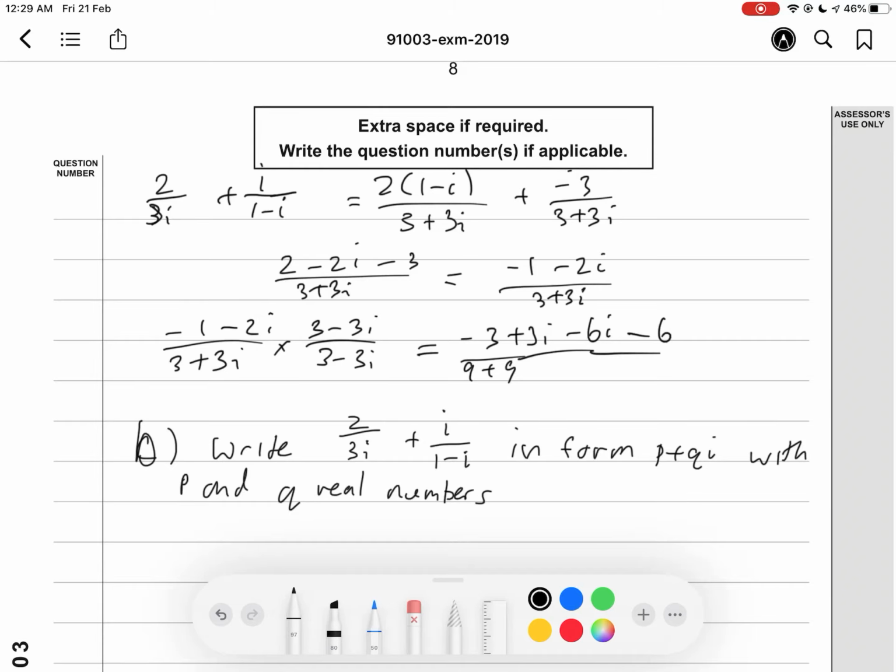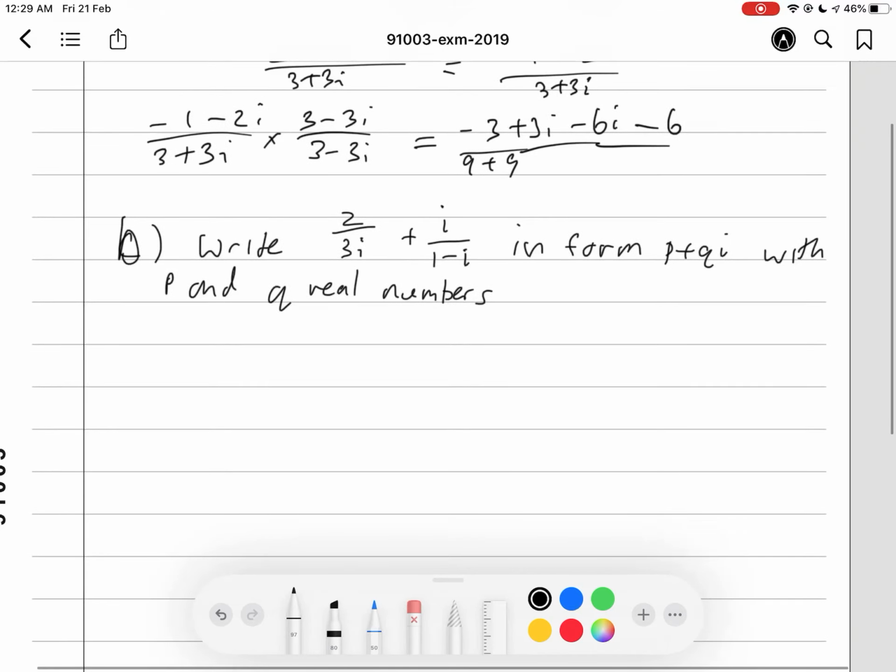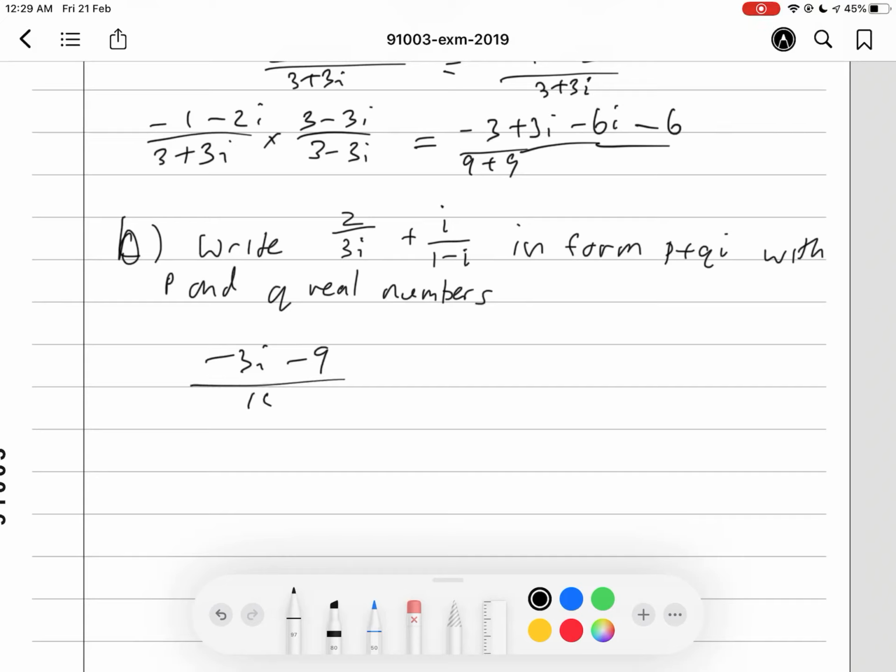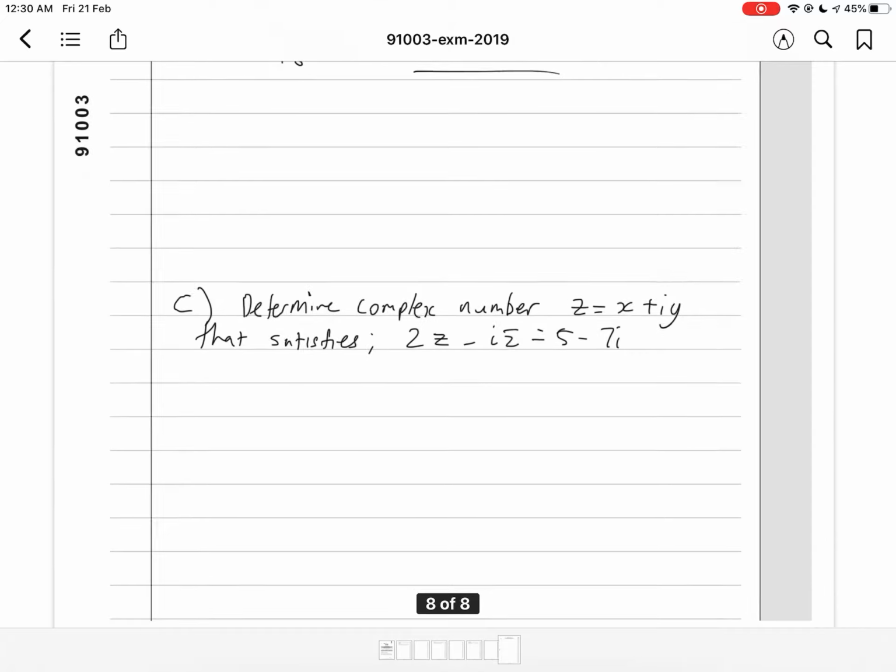Whew, okay. So right now we will have negative 3i minus 9 over 18. Therefore, this is equal to negative 1 over 6 i minus 1 over 2. That is your final answer. That is the correct answer.